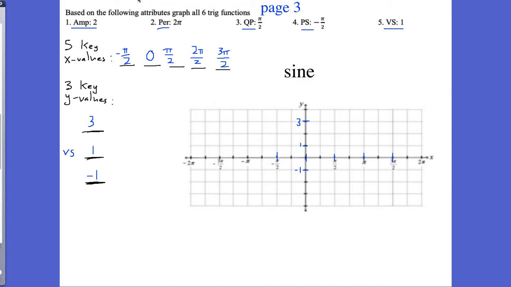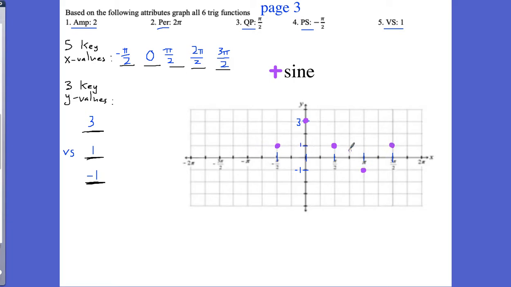So now we are ready to plot the points of our graph. For a positive sine curve, for any type of sine curve, our first dot goes at our middle y value, here at 1, at the first x value. Then we go to the next x value, 0, and it goes up to 3. Then down back to the middle, down to the bottom y value, then back to the middle.